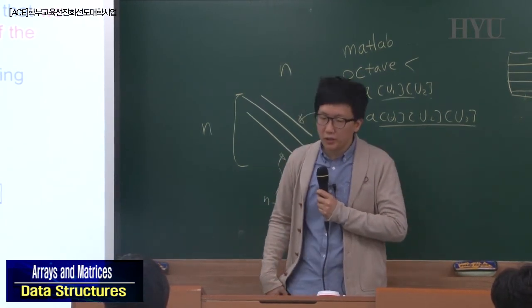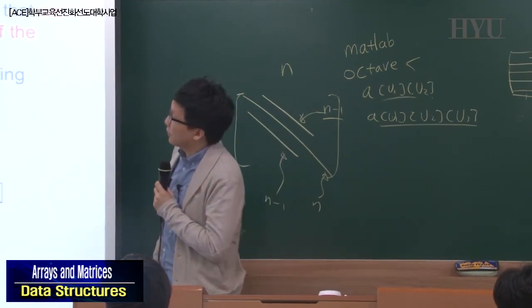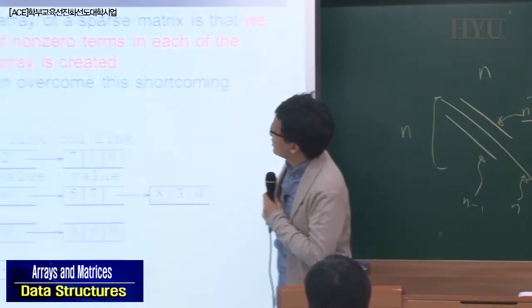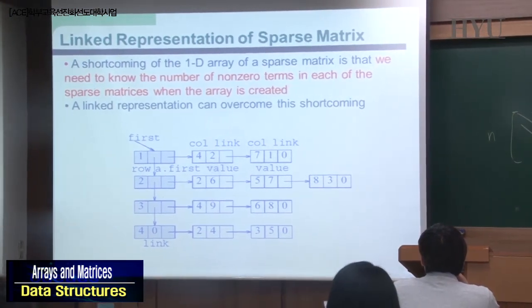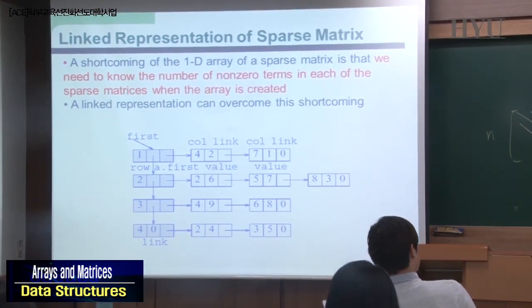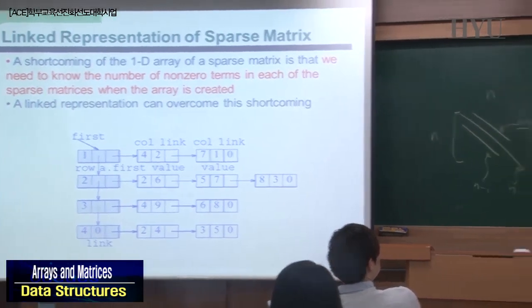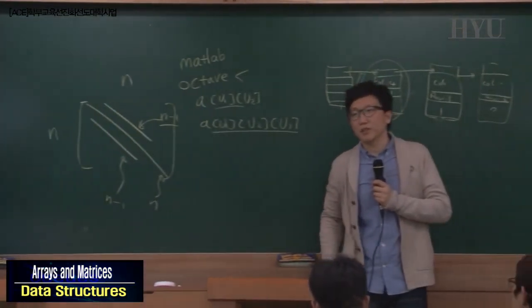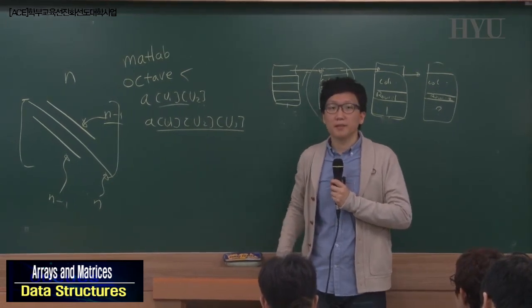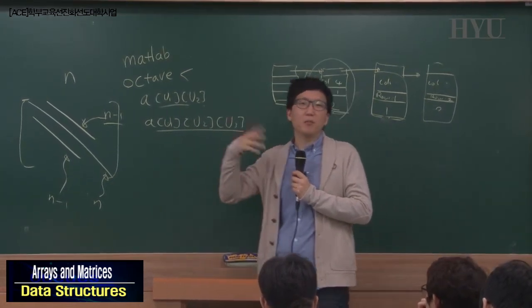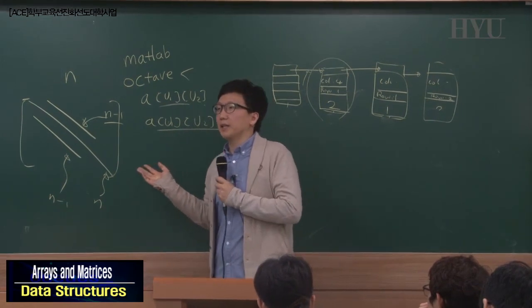A shortcoming of the 1D array of a sparse matrix is that we need to know the number of non-zero elements in each sparse matrix when the array is created. Someone might say we need some type of prior knowledge of the structure of the matrix itself. But with a linked list implementation, I don't need to know any more information at the beginning.